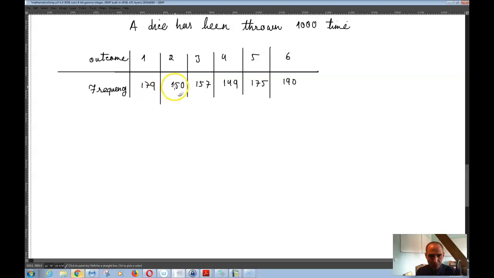Because you have 1, 2, 3, 4, 5, 6, that's 600. And then 70 and 50 is 120, 120 and 190, 190 plus 110, plus 90, that gives me 390 here.